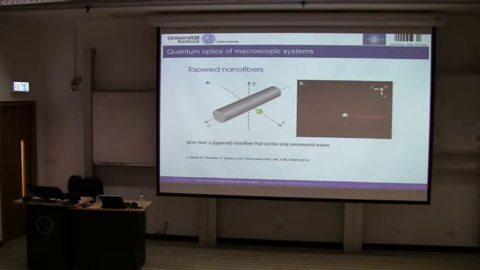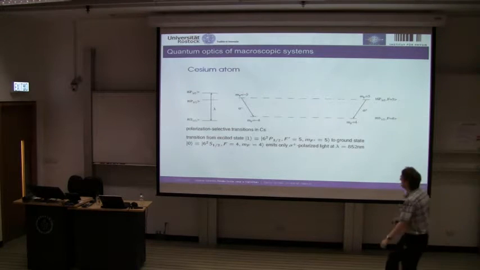And what you would see is that if an atom is spontaneously radiating, it will couple preferentially into one of the modes which would go along the nanofiber only in one particular direction.